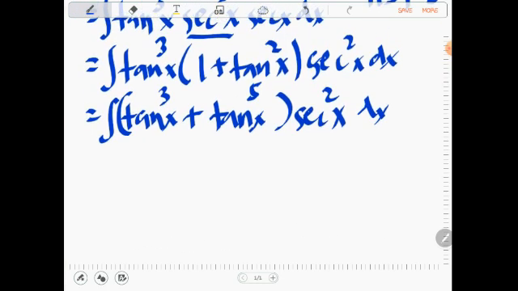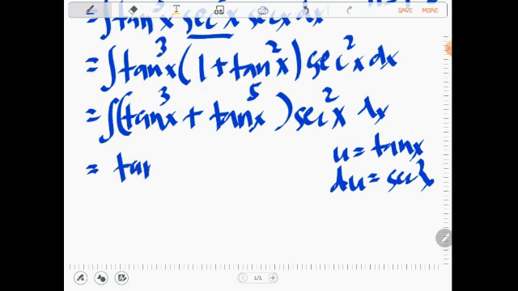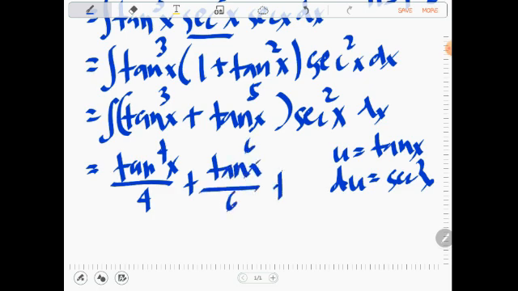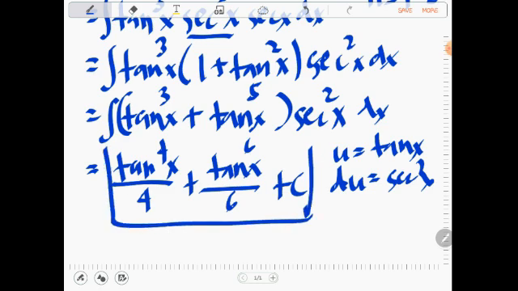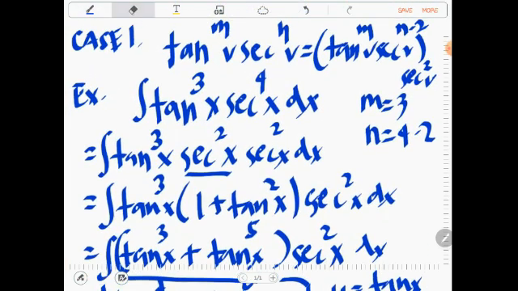Okay? So, ngayon, alam natin na yung ating u is equals to tan of x and yung ating du is equals to secant squared x. So, this would be equals to tangent 3 plus 1 is 4 all over 4 plus tangent of x raised to 5 plus 1 is 6 all over 6 plus the arbitrary constant c. So that is now the final answer for our problem number 1. Next, case number 2.